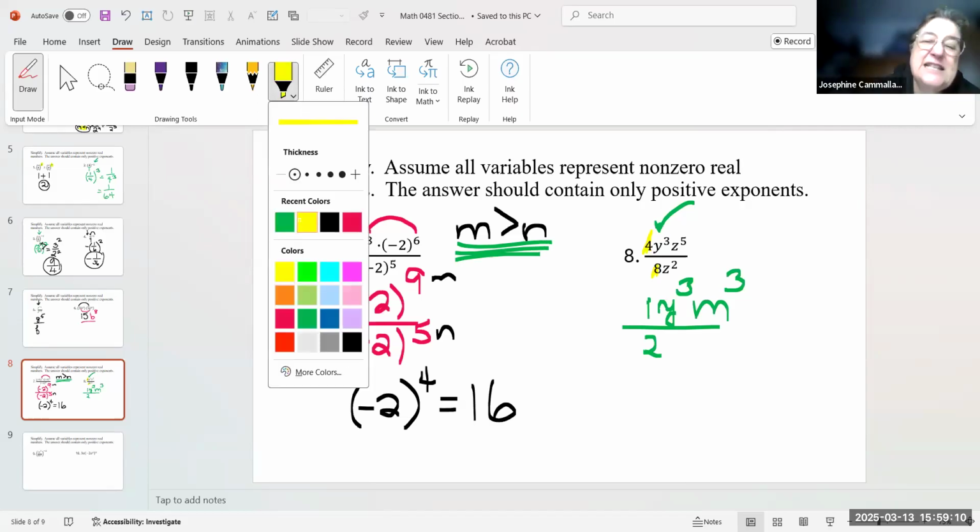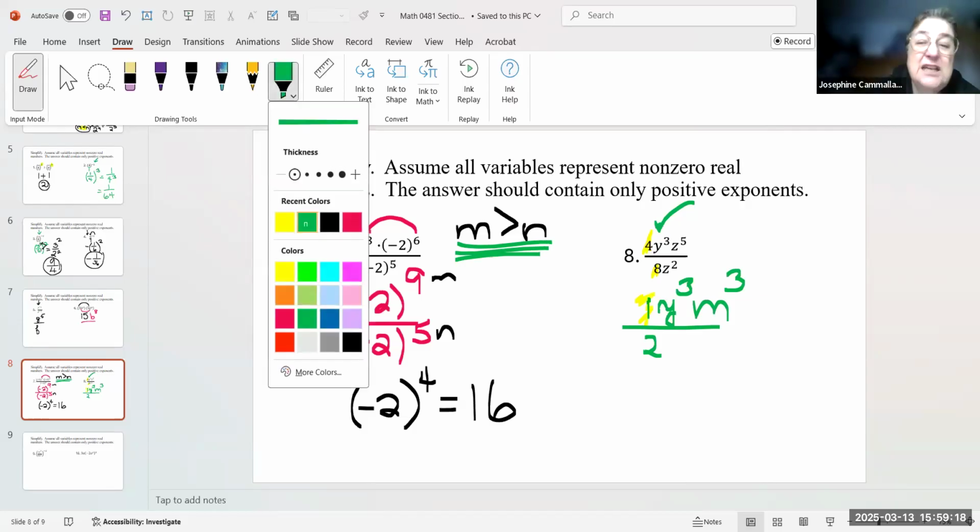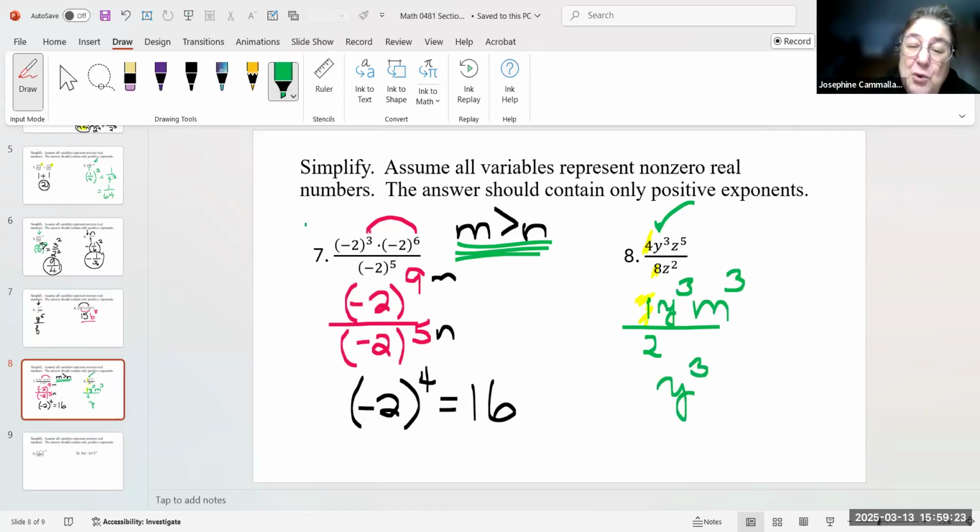Now, sometimes this 1, remember, that's a number that mathematicians don't always write. This should be y cubed z cubed with just the 2 in the bottom.